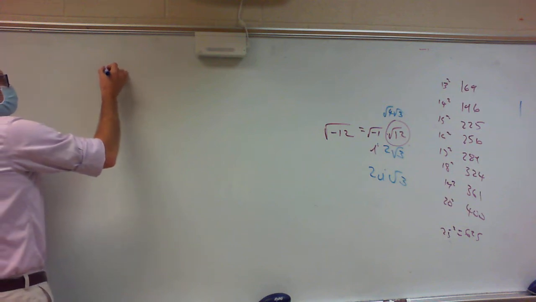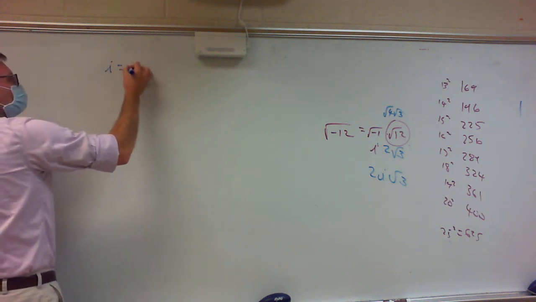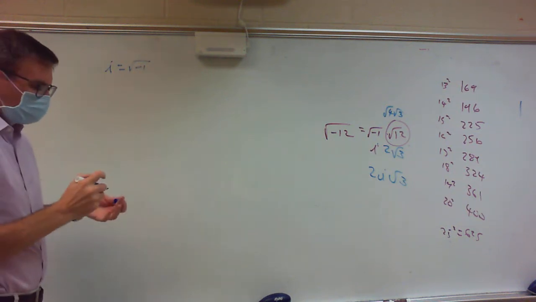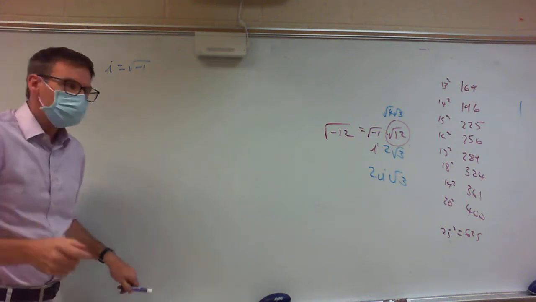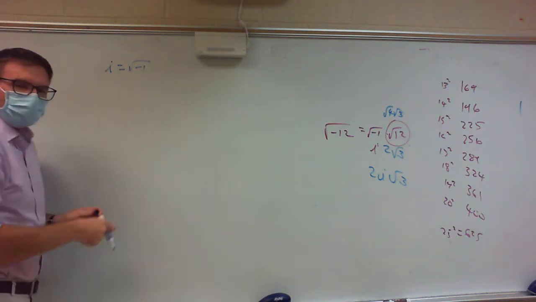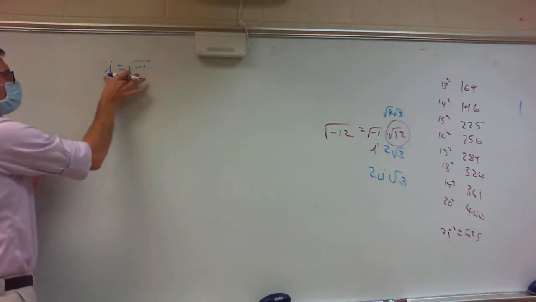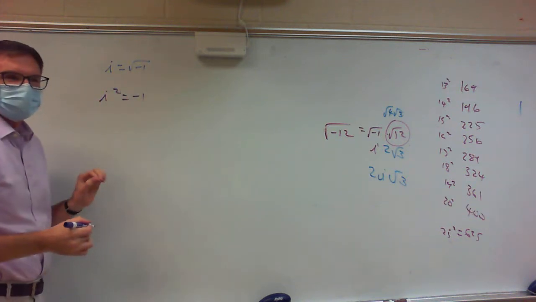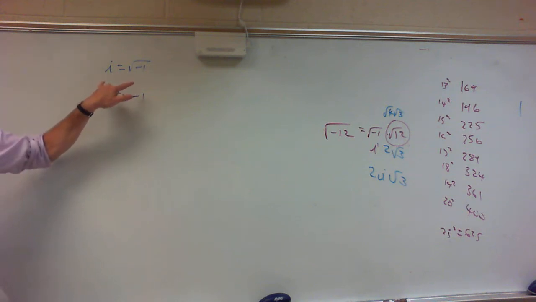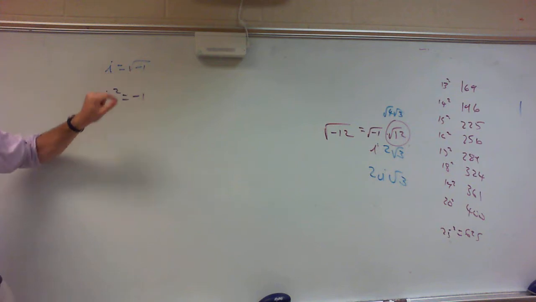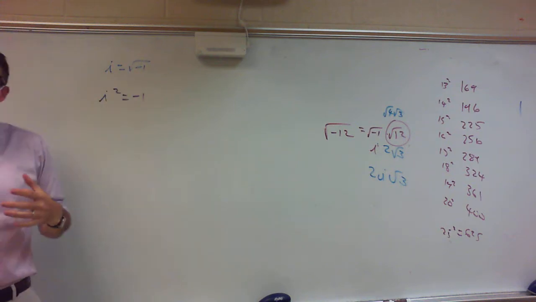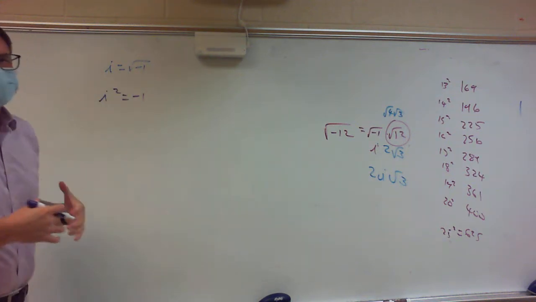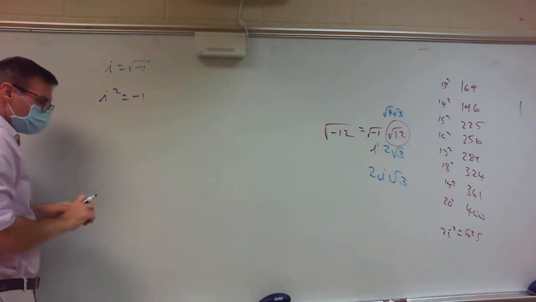I have this idea that i is equal to the square root of negative 1, which means if I square both sides, I'm going to get i squared is equal to negative 1. Is everybody okay with this part? If i is equal to the square root of negative 1, and I square both sides, I get i squared equals negative 1.